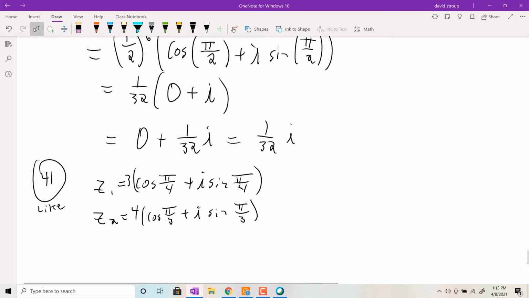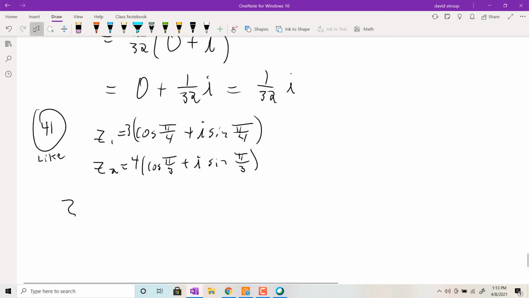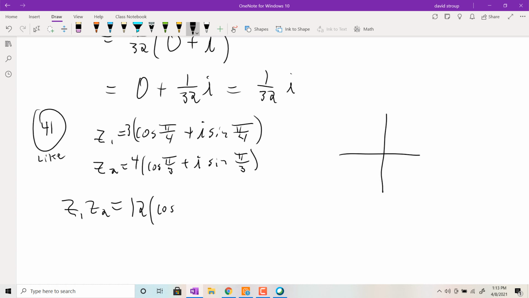Okay, so it's pretty easy. When you multiply Z1 times Z2, you're multiplying the R values together, 12. But then for the angles, you're adding them. If you think of it geometrically, when you multiply two different numbers, you're just adding their angles together.